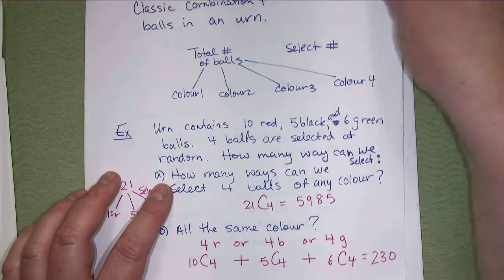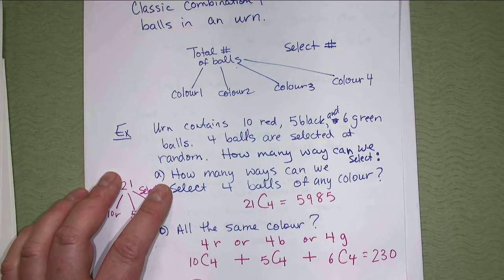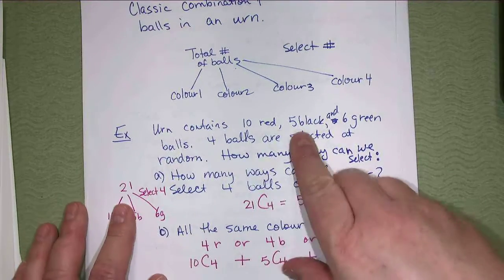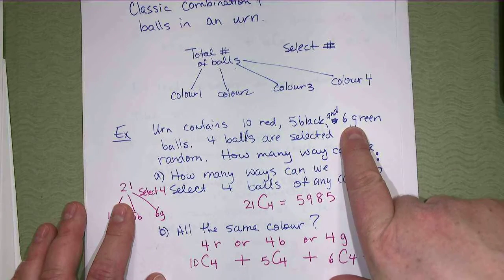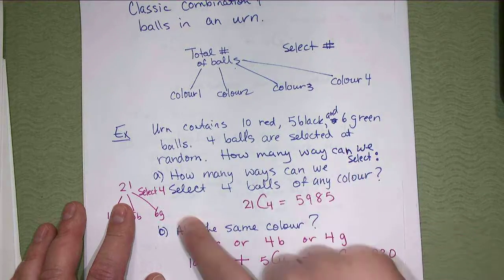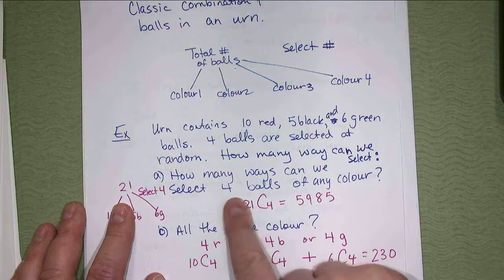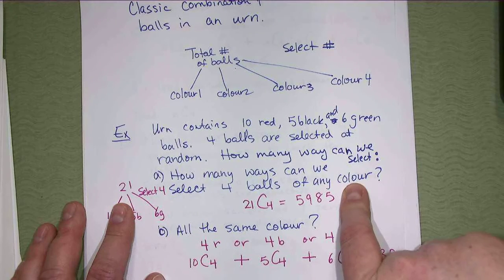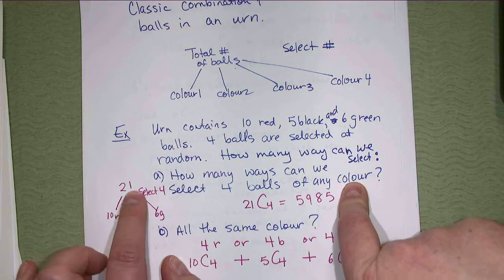So I've got the second example here. This one is 10 red, 5 black, and 6 green. 4 balls are selected. How many ways can we select 4 balls of any color? So that's the total. It doesn't matter what the colors are. So the total is 21 altogether, and we select 4.